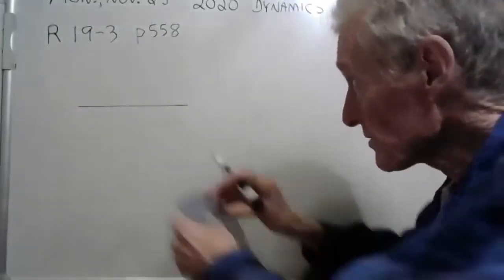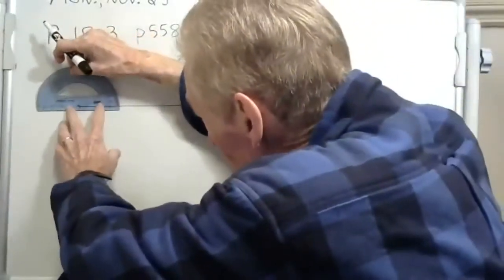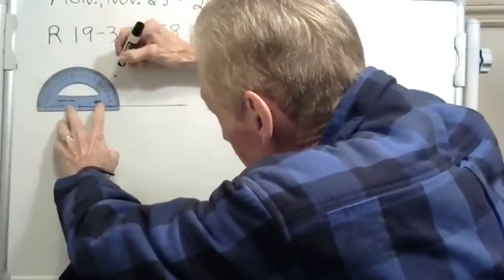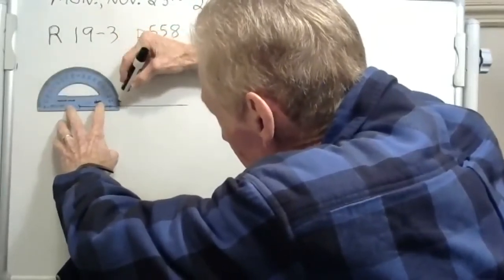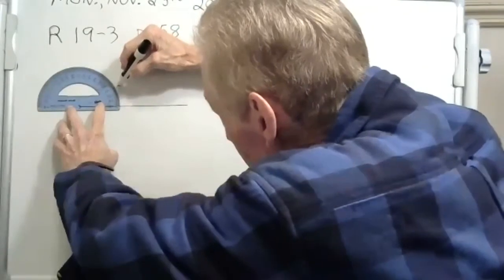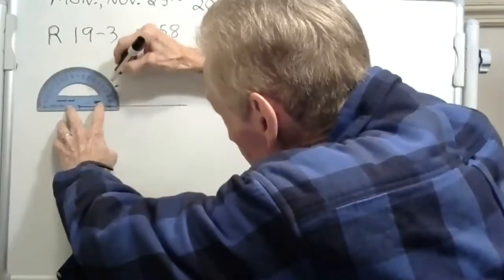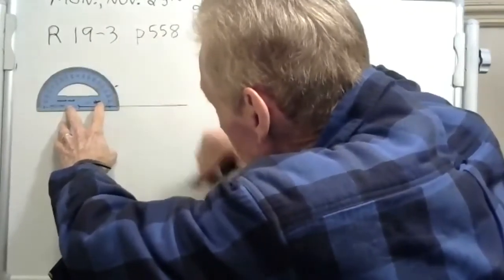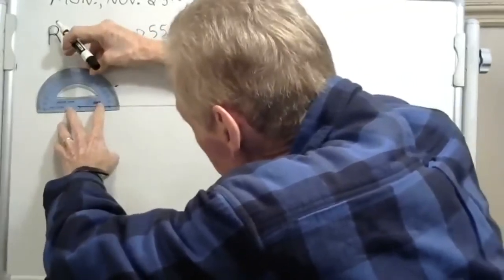I've got a protractor here. I'm going to measure 30 degrees. Here we go. 10, 20, 30.